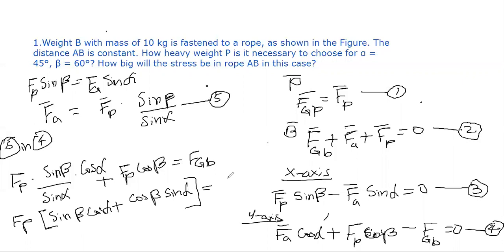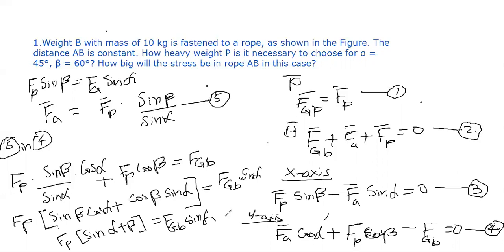Fp times sin beta cos alpha plus cos beta sin alpha is equal to Fgb times sin alpha. Now we know that sin beta cos alpha plus cos beta sin alpha is sin alpha plus beta, right? So Fp times sin alpha plus beta is equal to Fgb sin alpha, and we need to find Fp here.